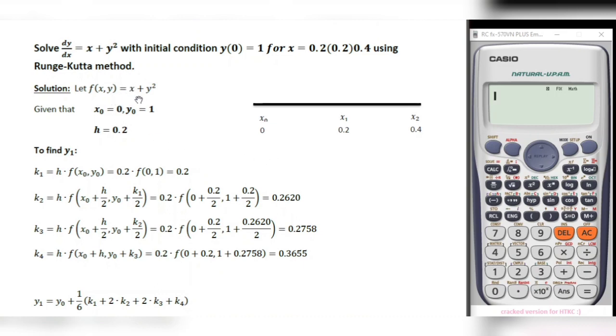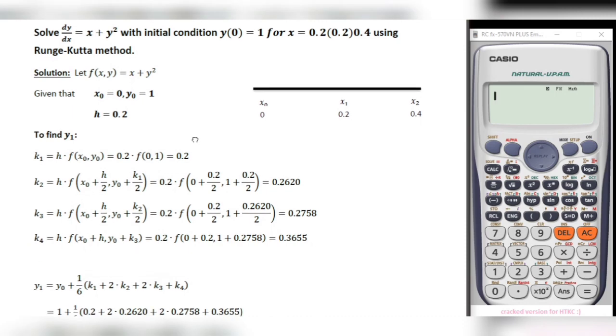First we shall take x plus y square as f of x comma y, and given that the initial condition is y is equal to 1 when x equal to 0, so I am taking x naught as 0 and y naught as 1.